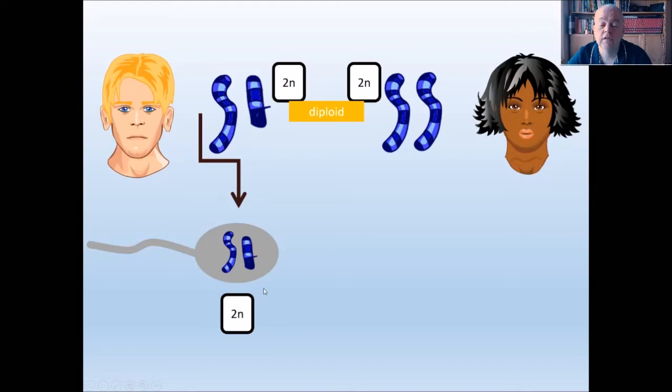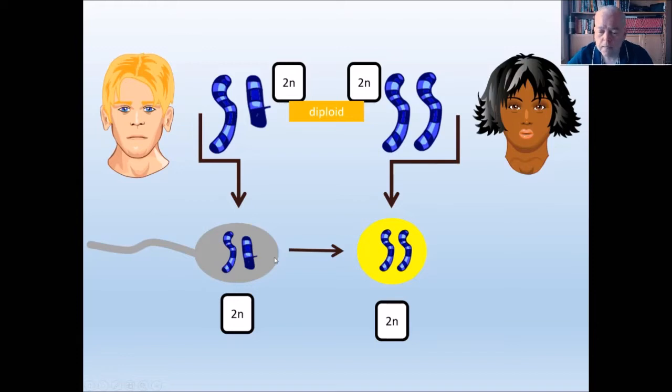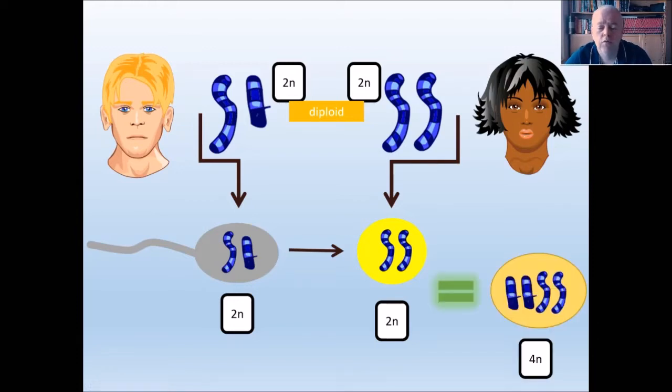In this case it would be a diploid number, and a diploid number in the egg. So if we had fertilization occurring here, that would lead to the zygote forming that would have 4N, which would be an organism or a cell that will be non-viable.